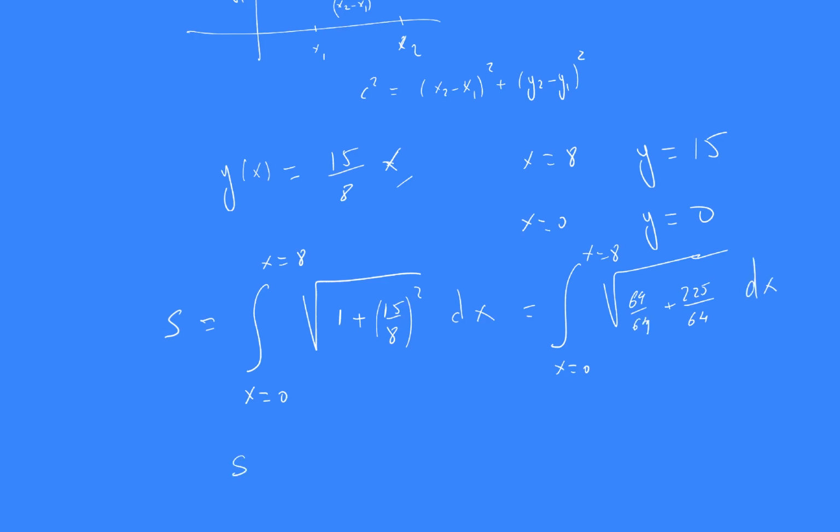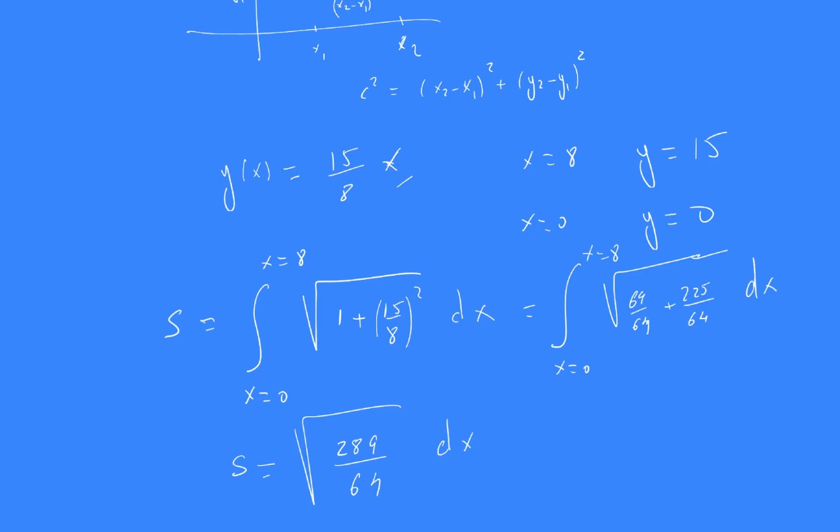And now I can find the number under the radical, that is 225 plus 64, which is 289, divided by 64, dx.